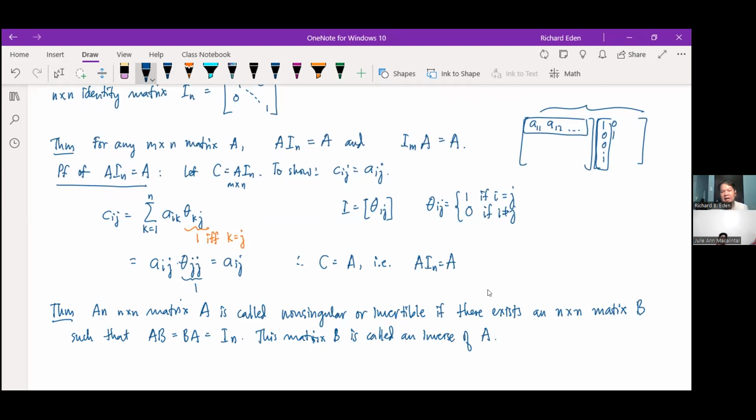Nung matrix I sub n, if we look at the previous theorem, I sub n or I sub m is parallel to the number 1 in the set of real numbers. Because if you take any number, multiply it by 1, the result will be the original number. 1 times 7, the same as 7 times 1.